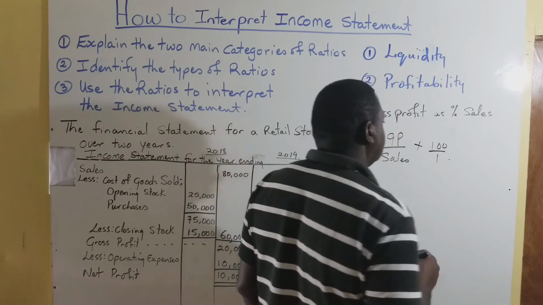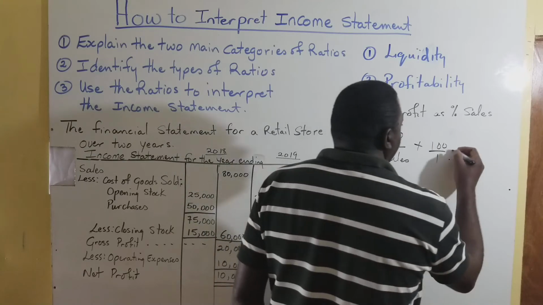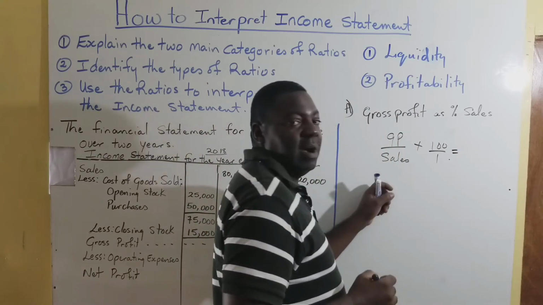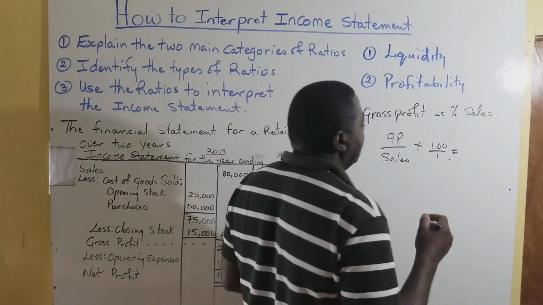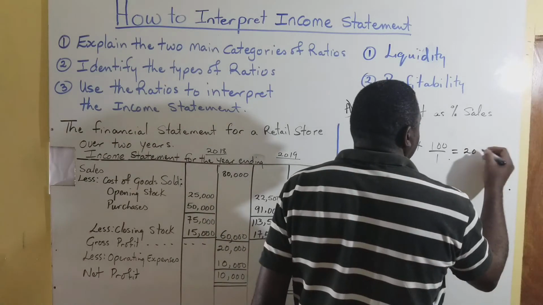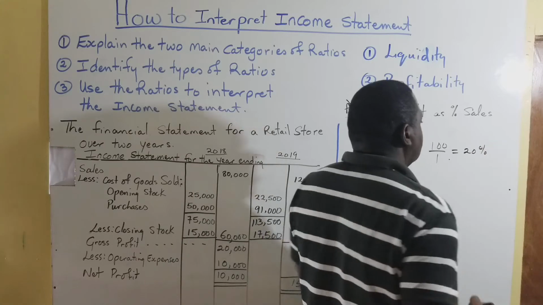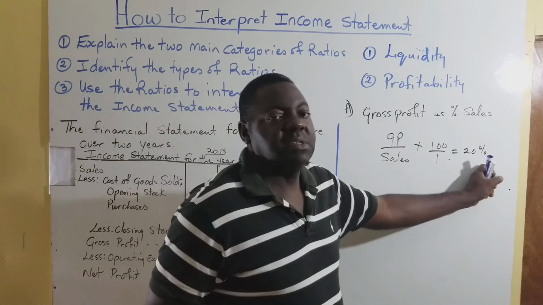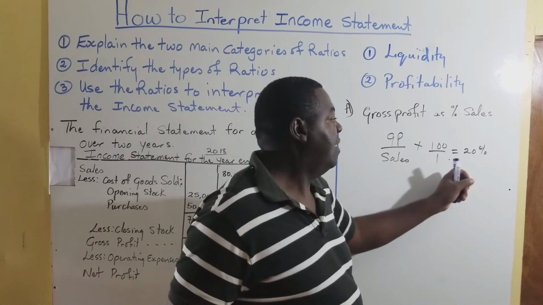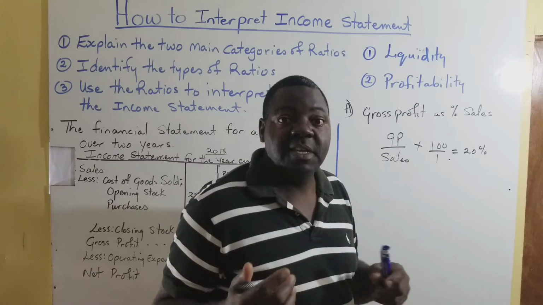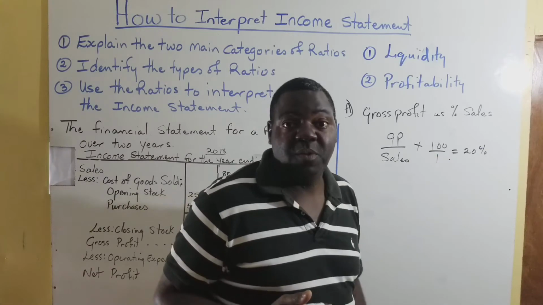If our answer is 20%, the interpretation is that for every $100 of sales, you're making a gross profit of $20.